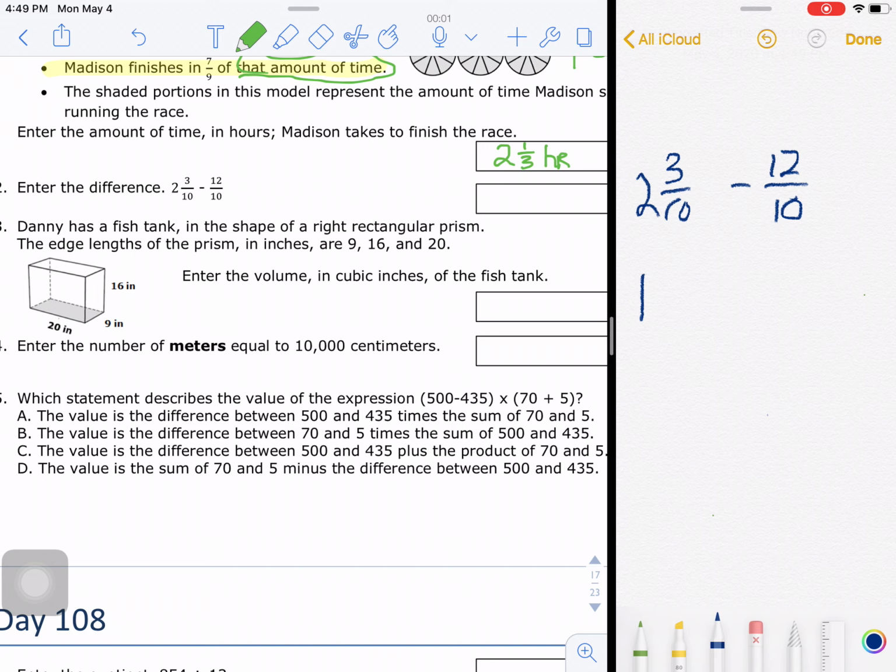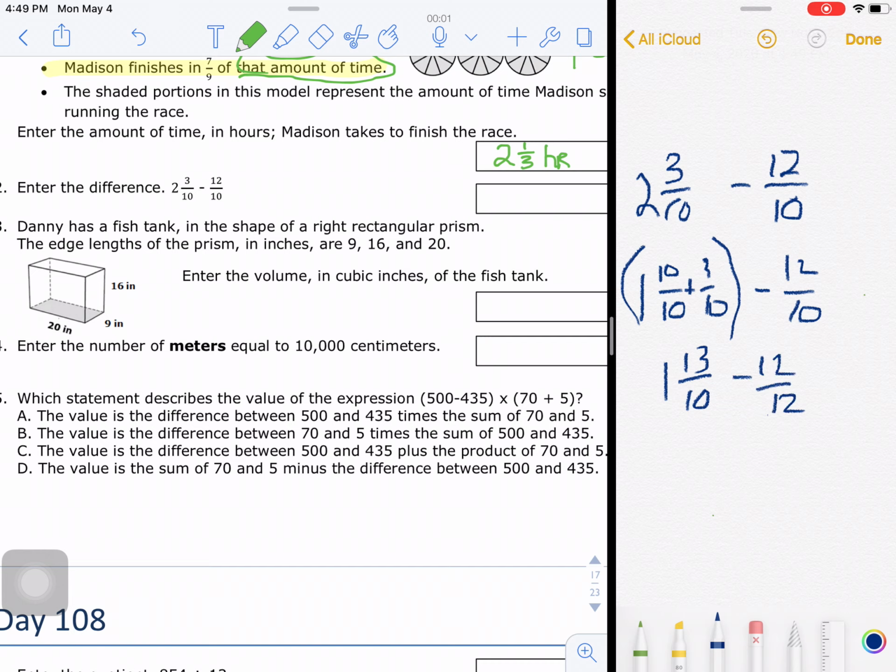So I have 1 whole and 10/10, that equals 2 plus 3/10 minus 12/10. That'd be 1 13/10 minus 12/10. I can subtract the fraction.